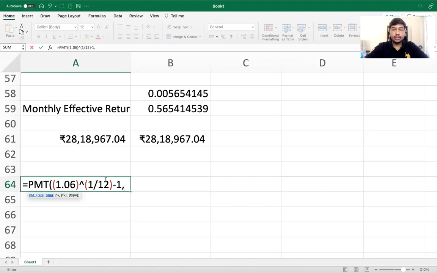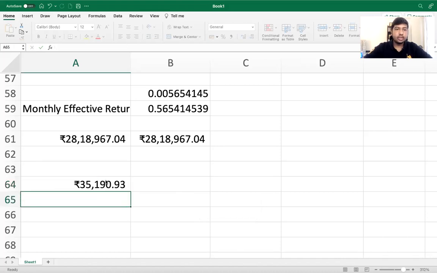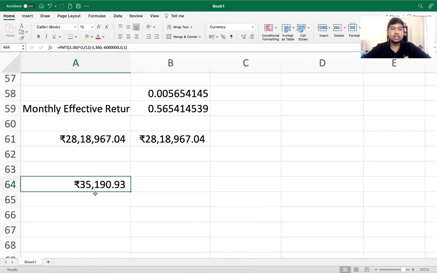Close the bracket. You need the payments for 360 months, comma. What is the present value? It is minus 60 lakhs. Future value is 0. And then you need the payment at the beginning of every month. And that's how you get the answer as 35,190.93. So this is how you get the answer in Excel.